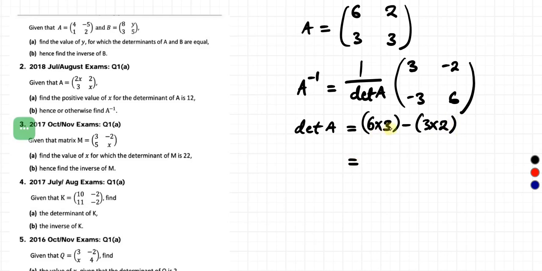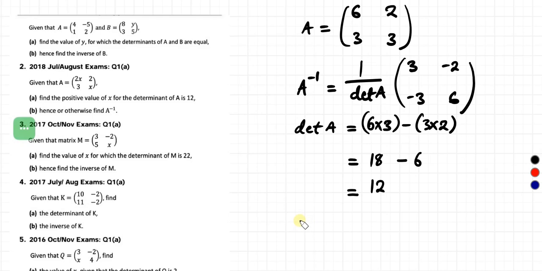Then you say, okay, 6 times 3 is going to give you 18. Then minus 3 times 2, it will give you 6. So then 18 minus 6, you're going to have 12, right? So 12. So meaning that will be the determinant. So where the determinant is, you put 12.